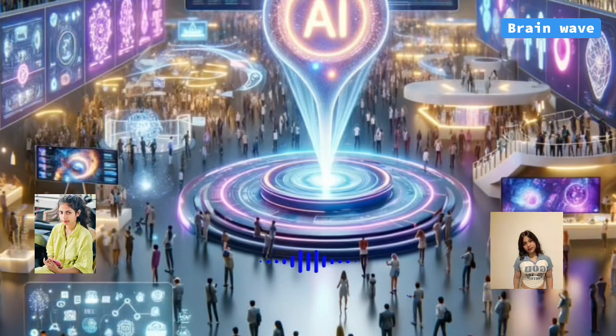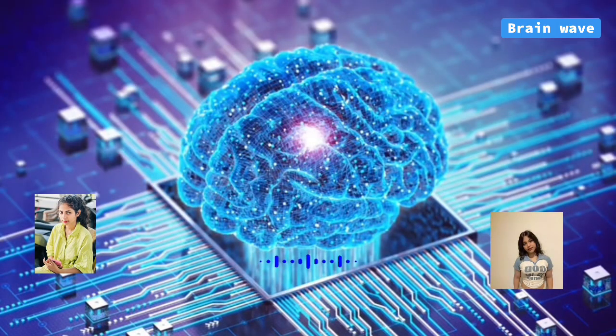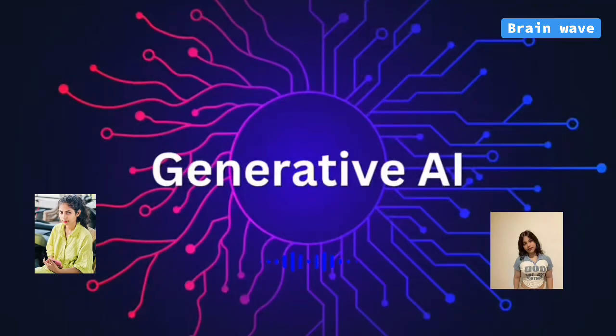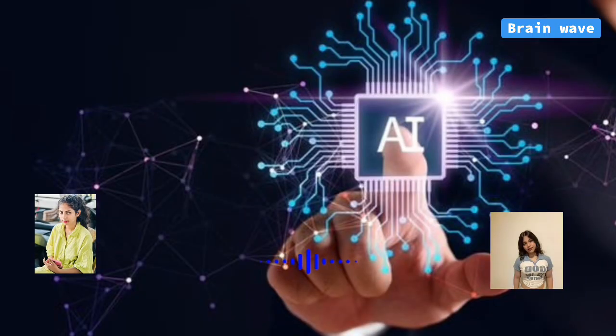So, there are so many types of generative AI. Let's break them down one by one. Type 1, text generators like ChatGPT. These can write essays, emails, scripts, or even jokes. Type 2, image generators like DALL-E, Midjourney.